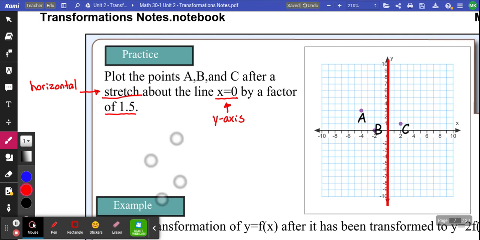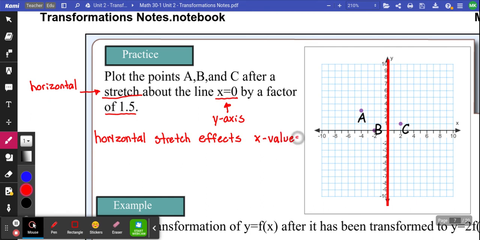Horizontal stretch affects what? Horizontal stretch affects x values. It's horizontal. X values are horizontal, left, right.